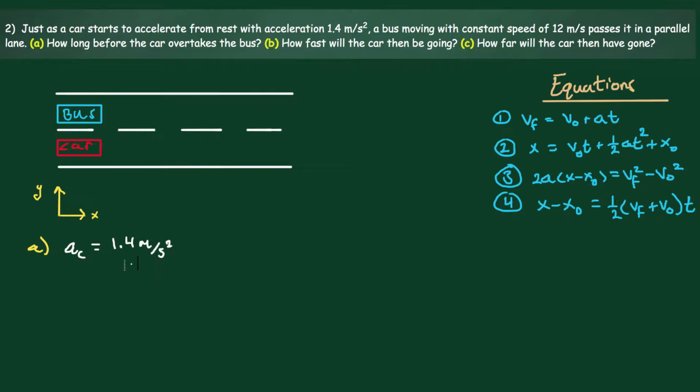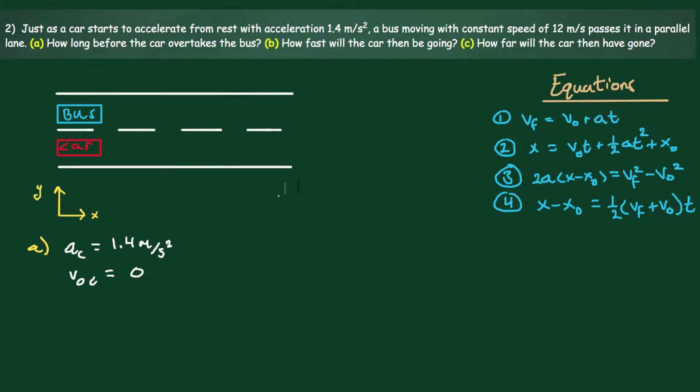We're also told that the car accelerates from rest, so the initial velocity of the car is 0. We can write v0 of the car is equal to 0.